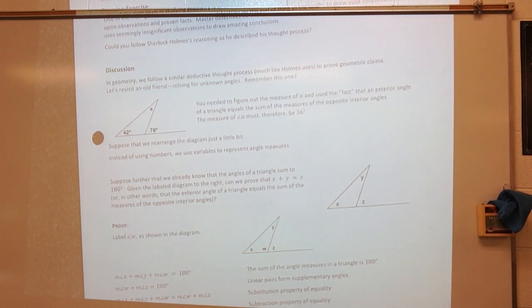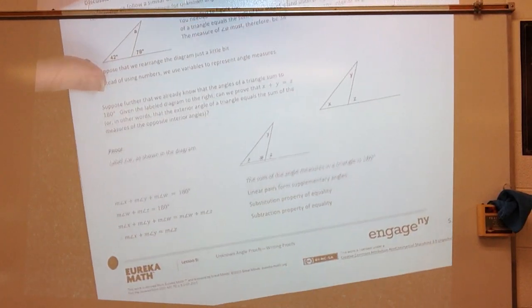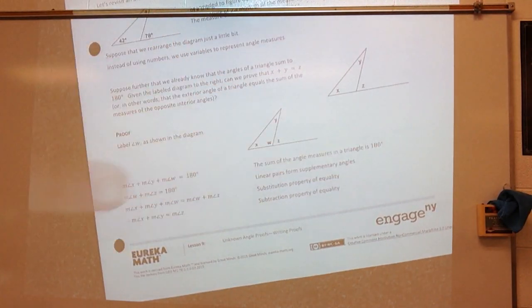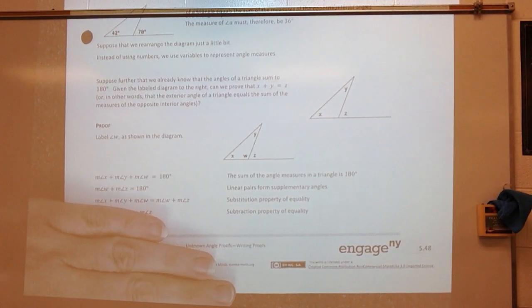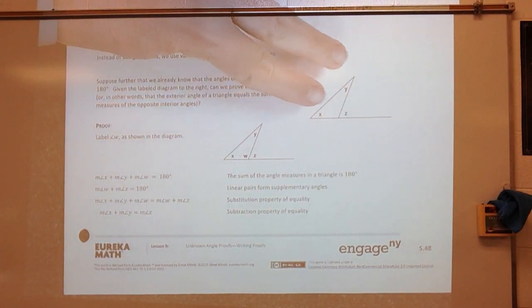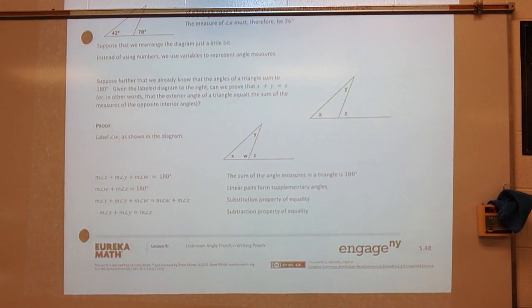Given the labeled diagram at the right, can we prove that x plus y is equal to z, or in other words, that the exterior angle of a triangle equals the sum of the measures of the opposite interior angles? In other words, they want to know, can we prove that x plus y is equal to z?